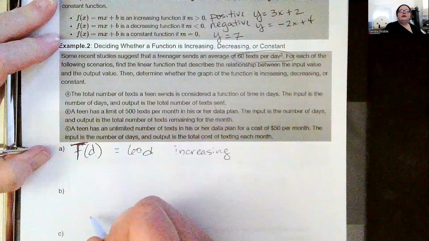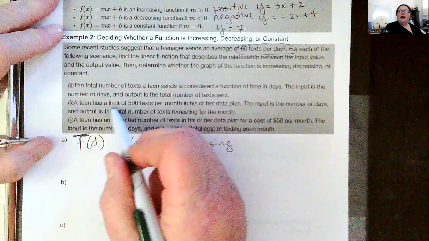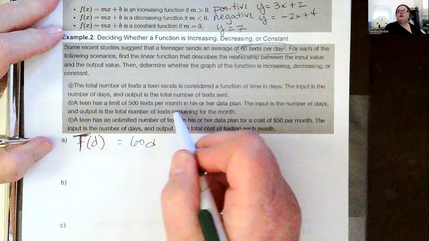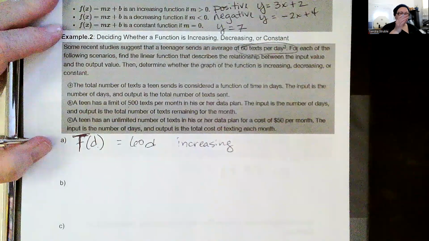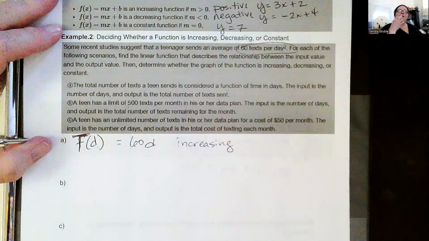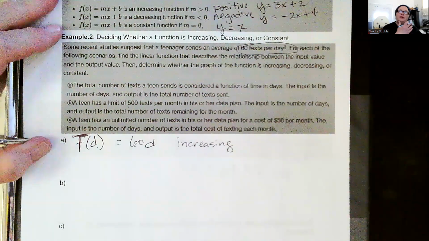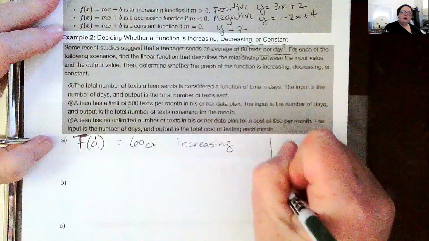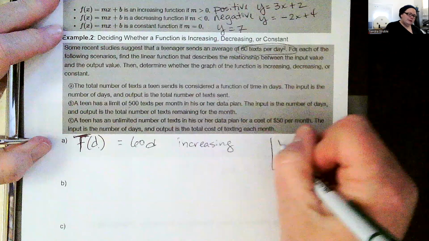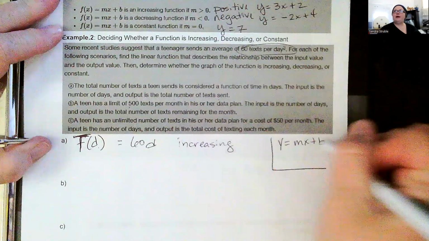The next one is a teen has a limit of 500 texts per month in his or her data plan. Okay, I want to stop right there for a second. Anytime you're dealing with a word problem, I have found that if you change the way you think of your slope-intercept formula, because we all learned to love y equals mx plus b, right?